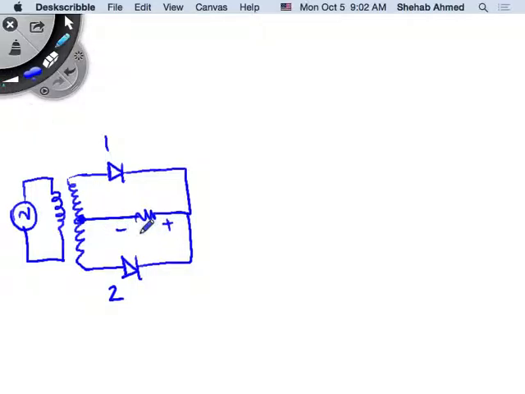Minus, plus the output, and this is my R. So we agree that current will only flow this way and this way. So that means current will always be in this direction in the output, right? So I'm satisfying my AC to DC conversion, right? The polarity of current in my load is never changing. So I had AC at the input, but my output has current in a certain polarity, fixed. So it's DC. So now what's going on?